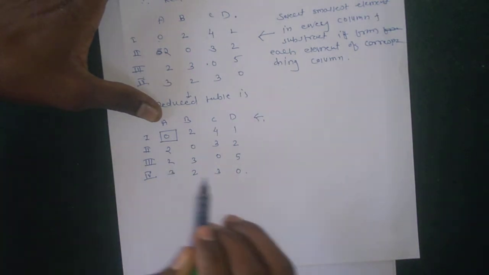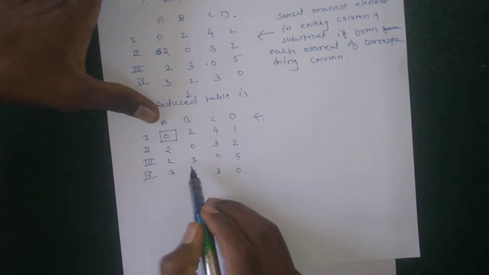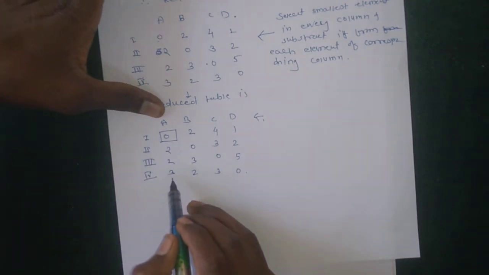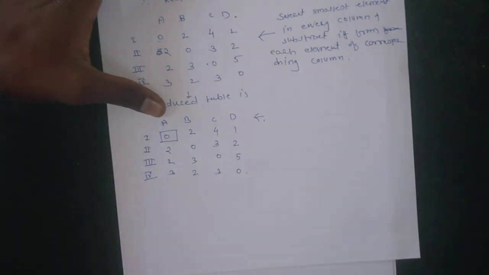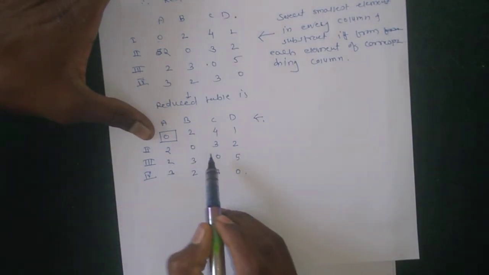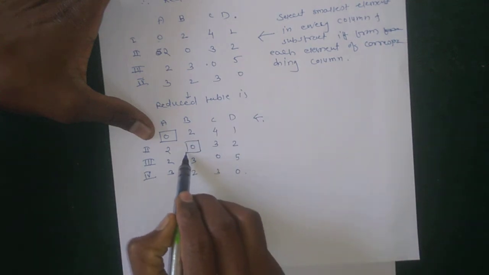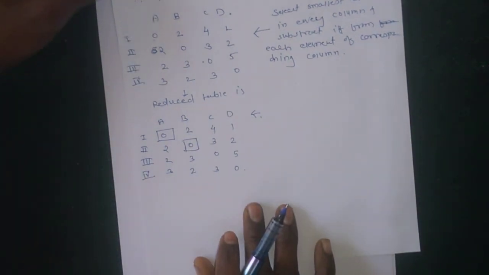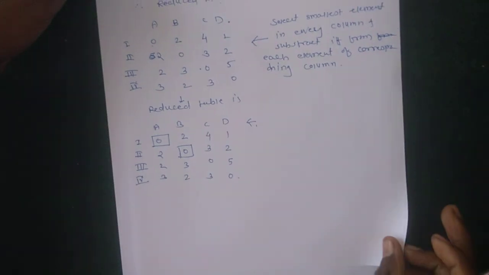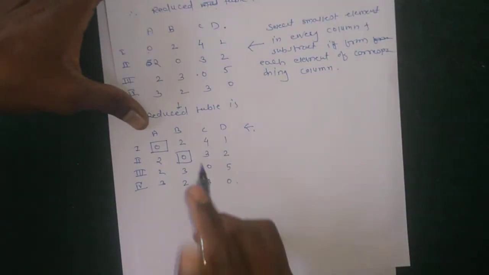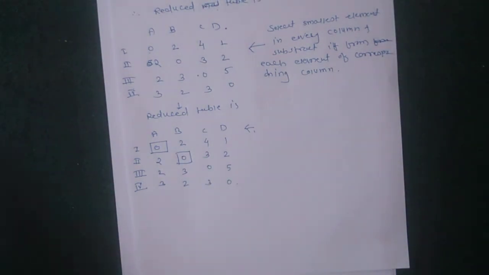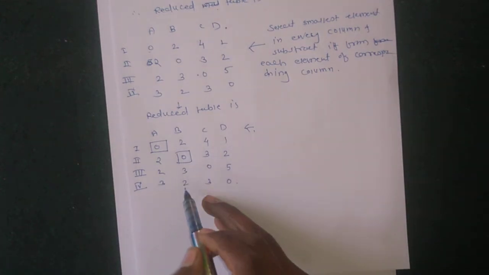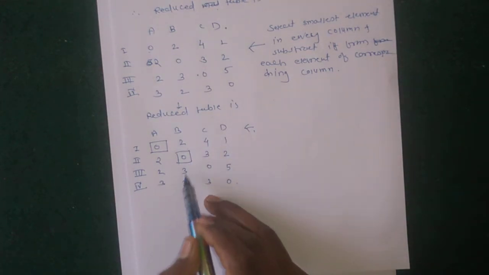Here the first row contains exactly one 0, so make it a square, and other zeros in the corresponding column get a cross sign. But here no other zero is present. Next, the second row also contains exactly one 0, and likewise there is no other zero in its column, so there is no need.